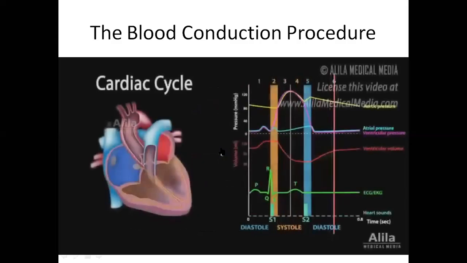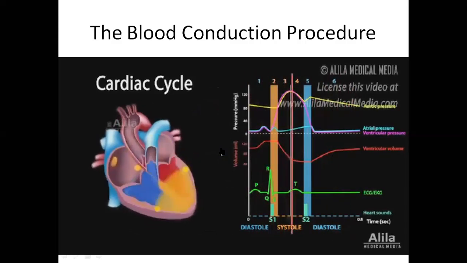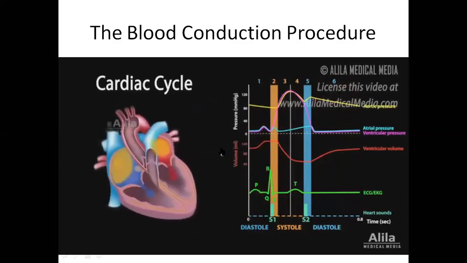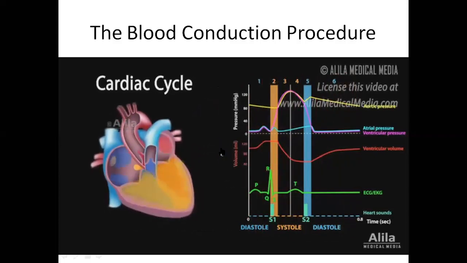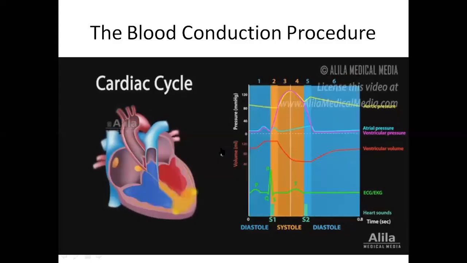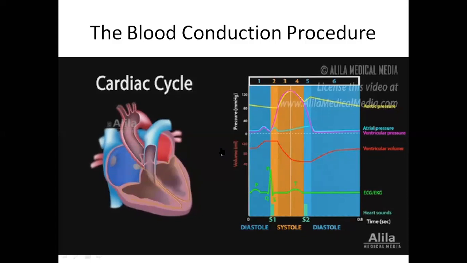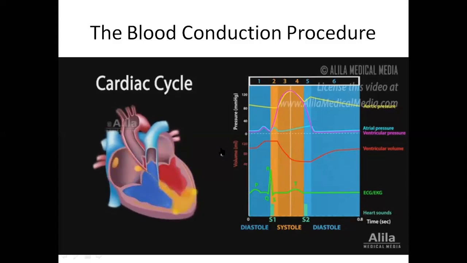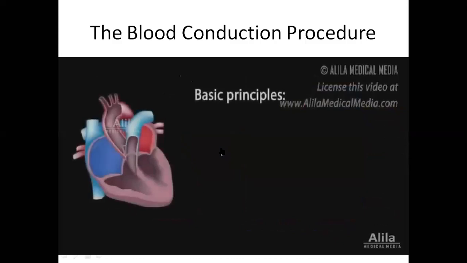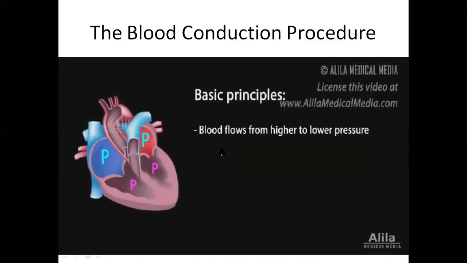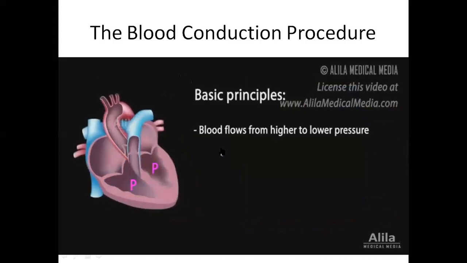The cardiac cycle refers to the sequence of events that occur and repeat with every heartbeat. It can be divided into two major phases, systole and diastole, each of which subdivides into several smaller phases. Systole and diastole, when not specified otherwise, refer to ventricular contraction and relaxation, respectively. Reminders: blood flows from higher to lower pressure.